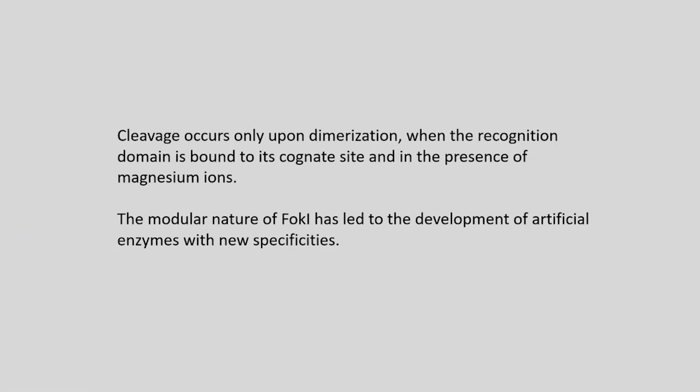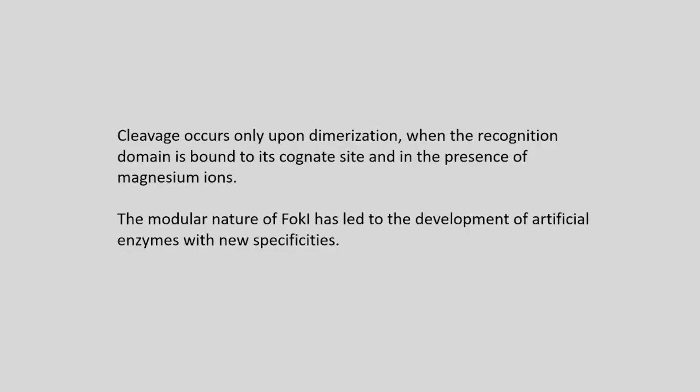Now, cleavage occurs only upon dimerization. If only one FokI enzyme binds to the DNA, it will not cleave. It needs a partner on the complementary strand as well. So, when the recognition domain is bound to its cognate site and in the presence of magnesium ions, cleavage occurs. So, these are some of the requirements for this enzyme to function.